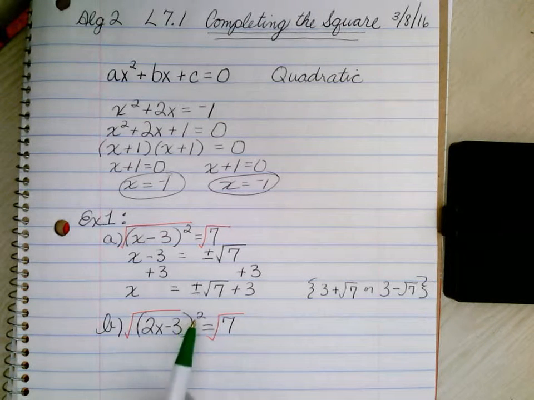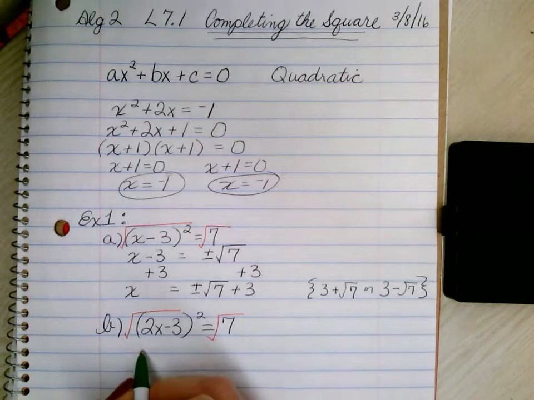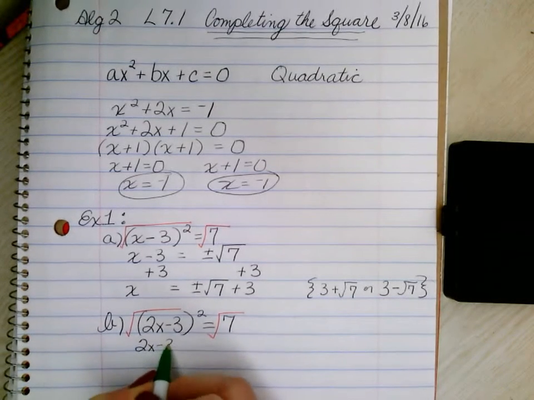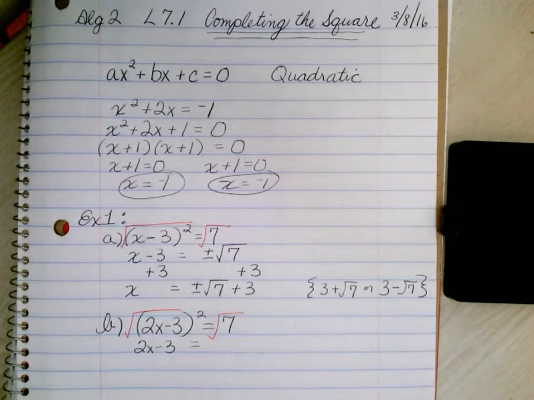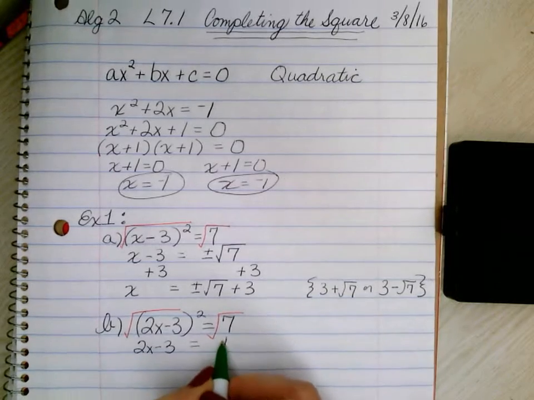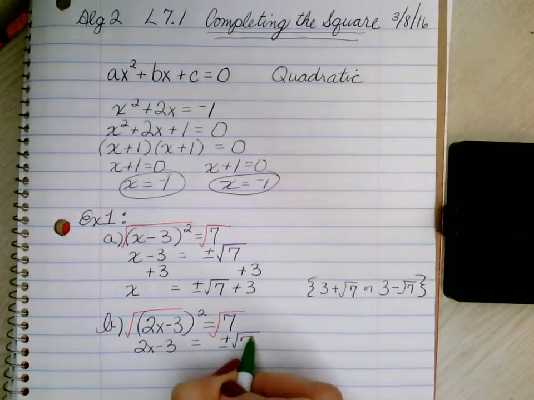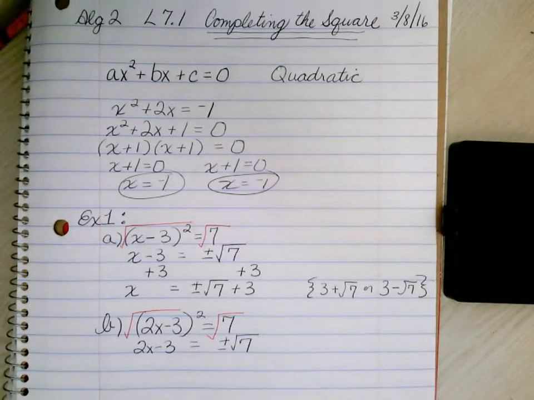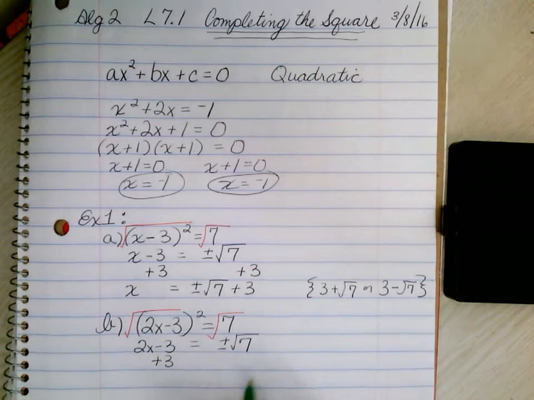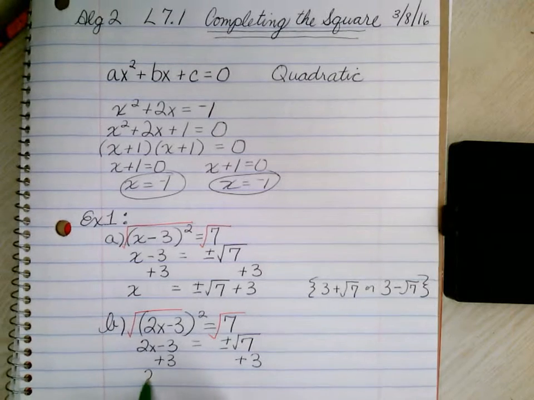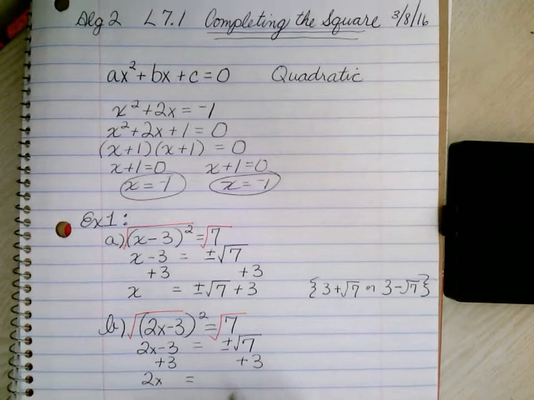The square root of 2x minus 3 squared is 2x minus 3. The square root of 7 is going to be, again, either a positive or a negative radical 7. Okay? I'm going to add 3 to both sides and then divide by 2. And it's going to look like this.